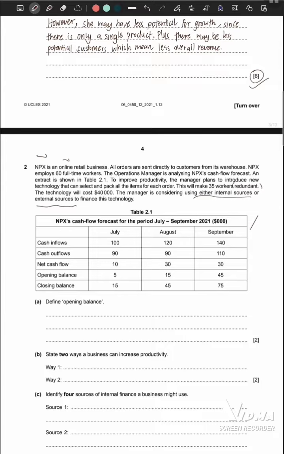So it is the amount of cash held by a business at the start of the month or trading period.